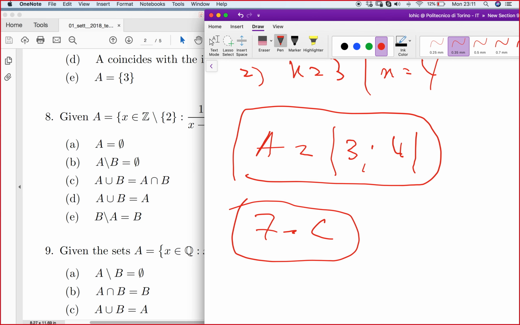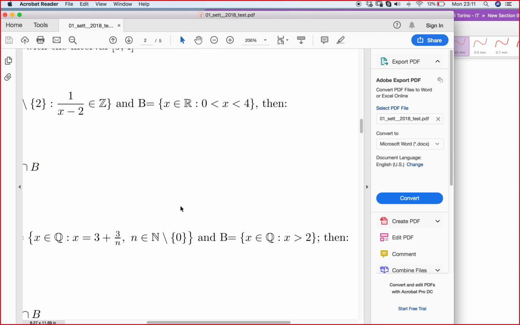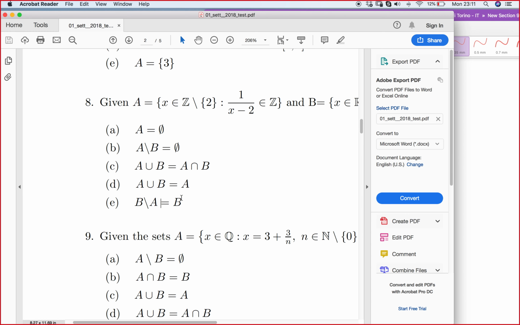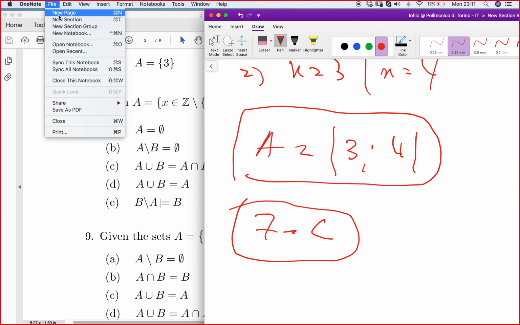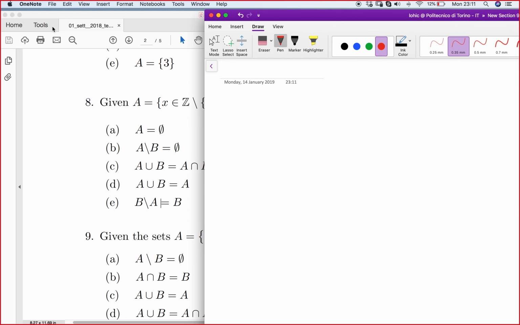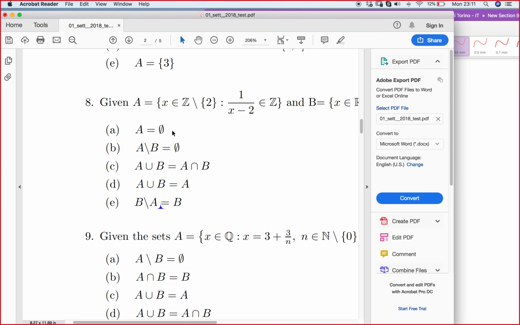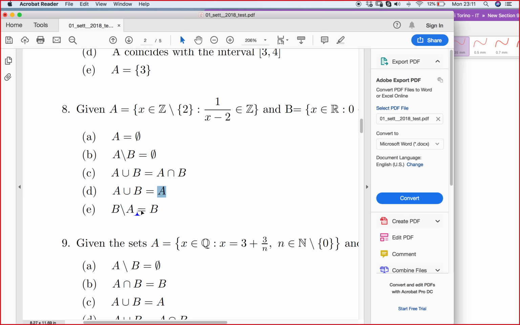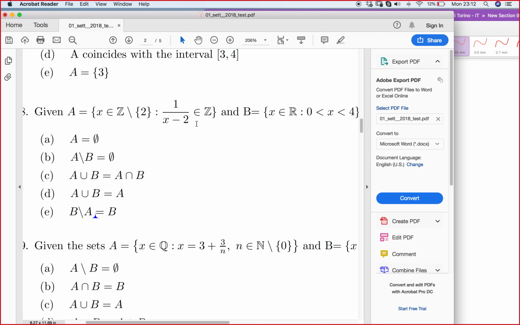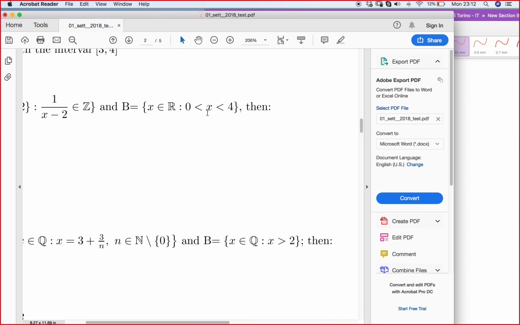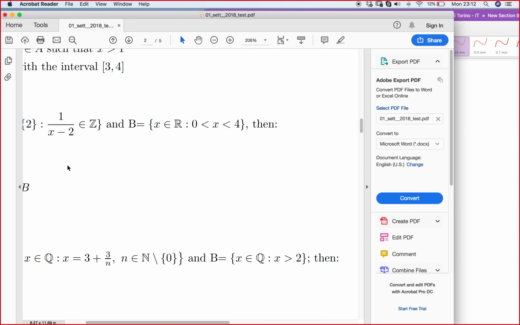Okay. Now let's move to number 8. Okay, I clean the board. In number 8, you are given one more set. So given A equal to this set, and yes, we also have the set B. So there are two sets.